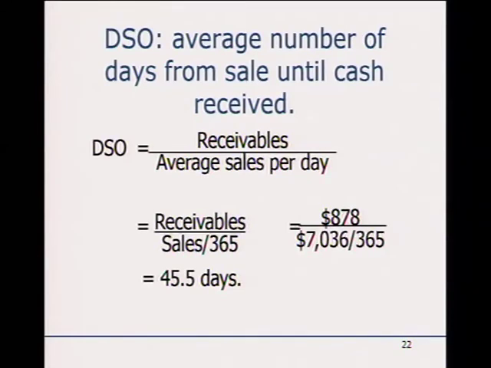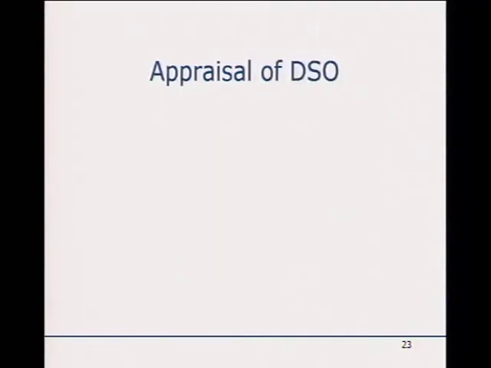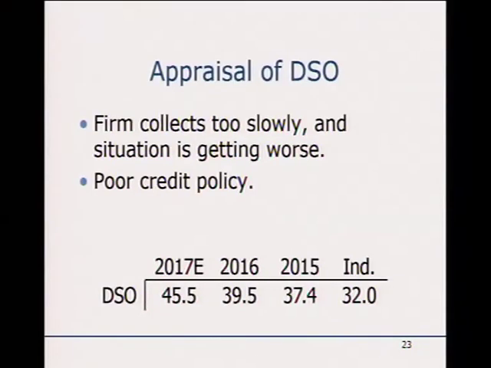So what does that mean? It means from the day we make a sale, we invoice somebody because the sale has been made. We have earned that revenue, but we have not received it. We have to wait for 45.5 days until we receive the cash. Now, let's analyze. The industry average is 32 days.